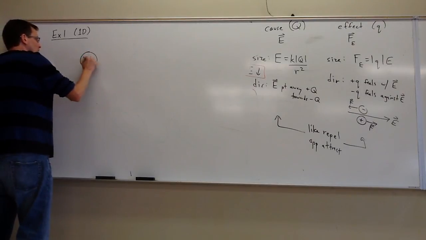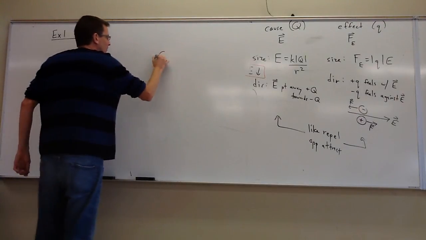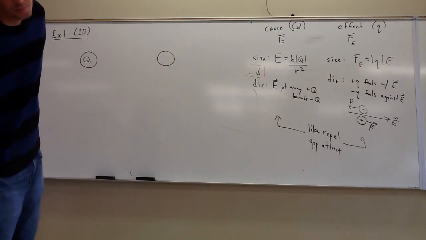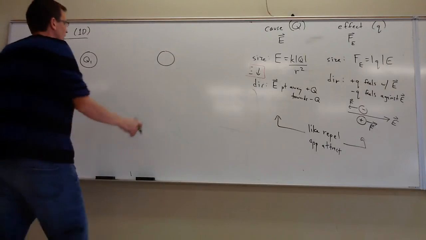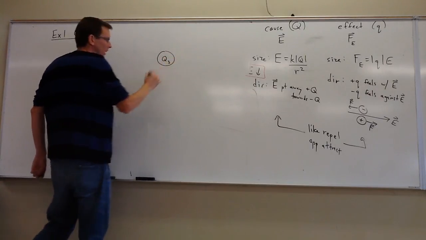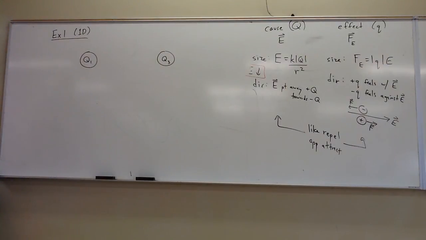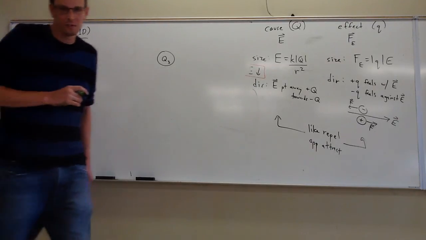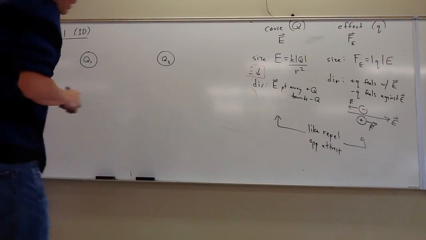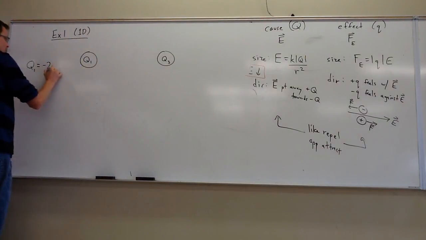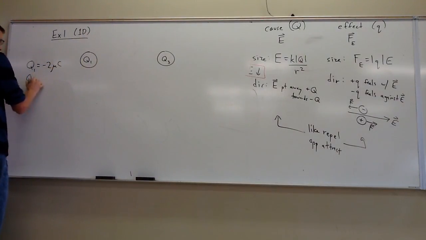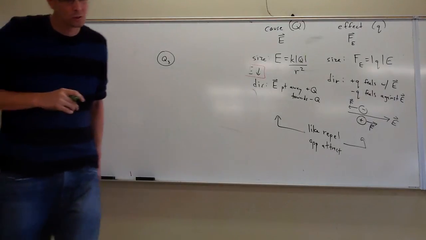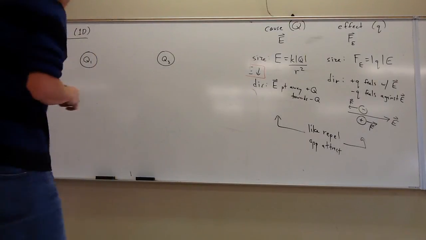I have a Q1 over here, and I have a, let's call it Q3. I could number them however I want. Maybe I just don't like the number 2, so I'm going to skip the 2. Okay. Let me give you the values. Q1 is going to be minus 2 microcoulombs, and Q3 is going to be minus 5.